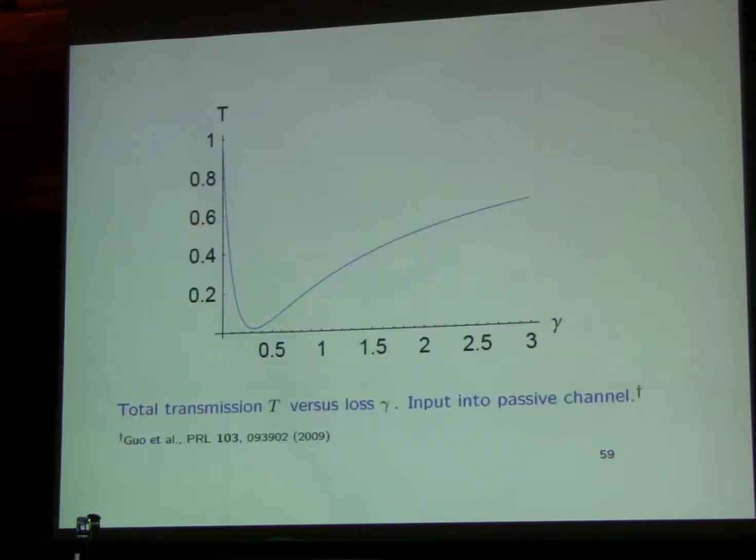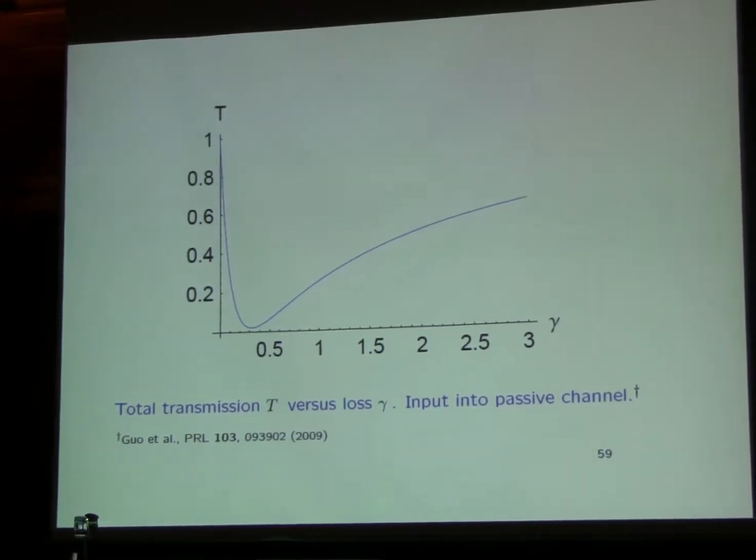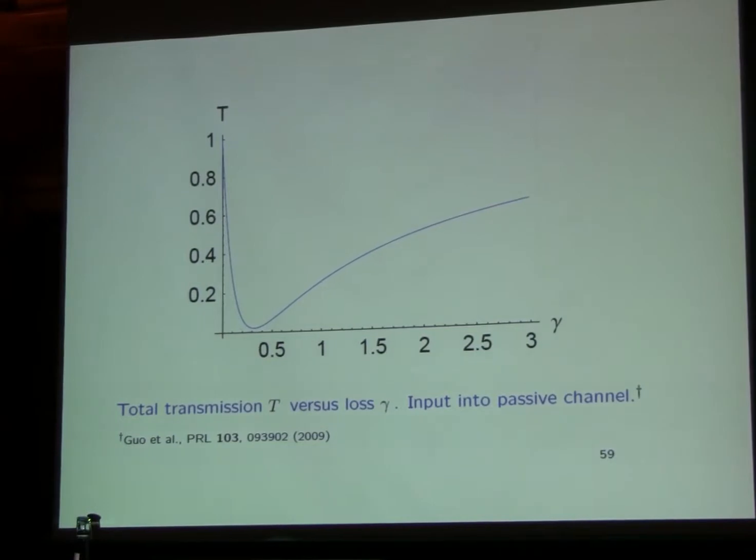And if you plot the total transmission probability, you put the input into the passive channel, the one which doesn't have any gain or loss. It's coupled to this lossy channel. You start off with transmission coefficient being 1, but then as you add loss, it goes down, which is what you expect, so you lose transmission.